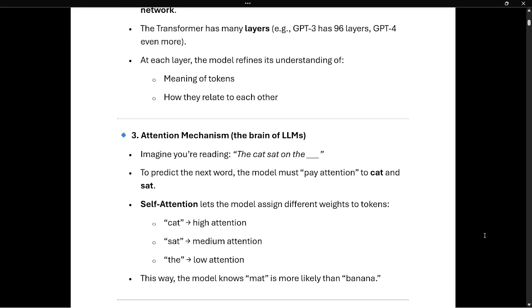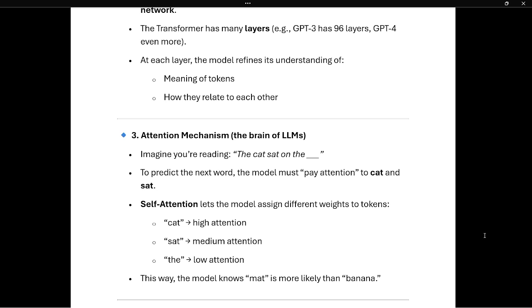Then we will see the attention mechanism. What is the attention mechanism in an LLM? Imagine you are reading "the cat sat on the", and what is the next word? How the LLM predicts that comes from the attention mechanism. To predict the next word, the model must pay attention to "cat" and "sat".